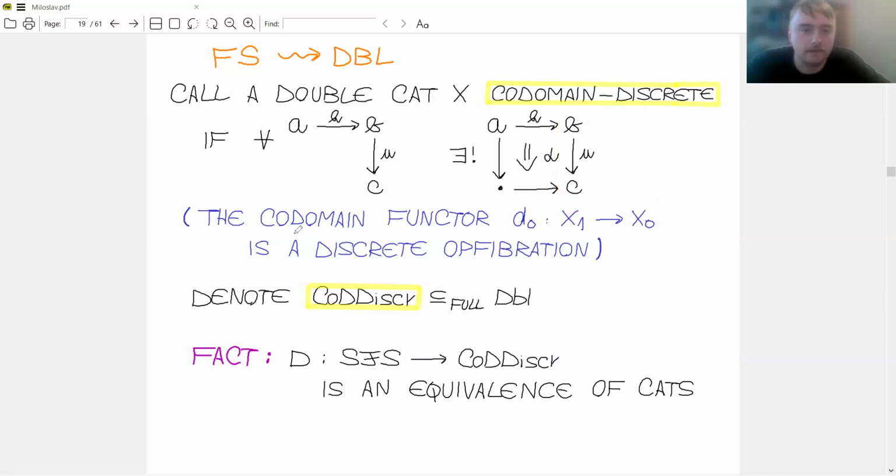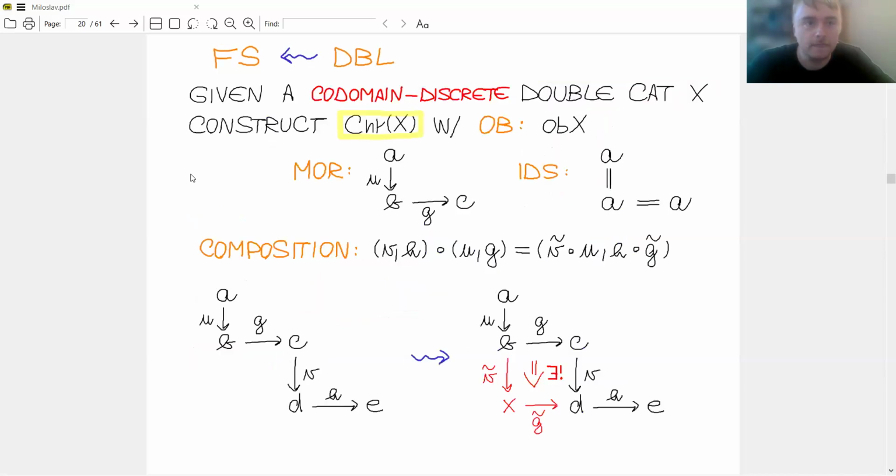So that's why I call them codomain discrete. And we denote by CoDesc the full subcategory of double categories. Now the fact is that this functor that sends a strict factorization system to commutative squares is an equivalence of categories. And I will describe its inverse explicitly.